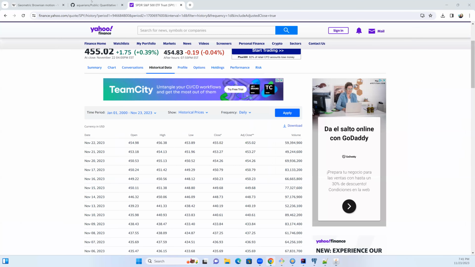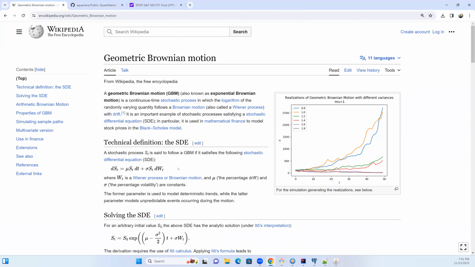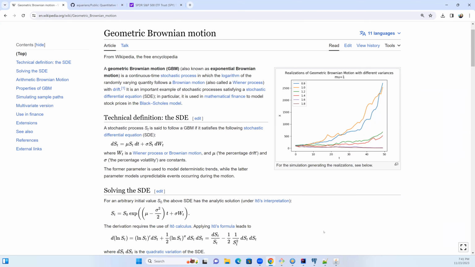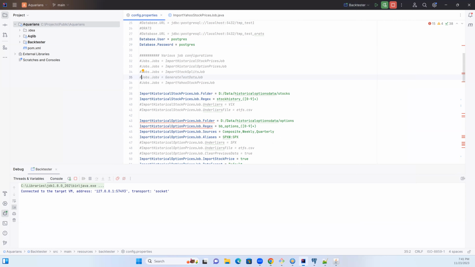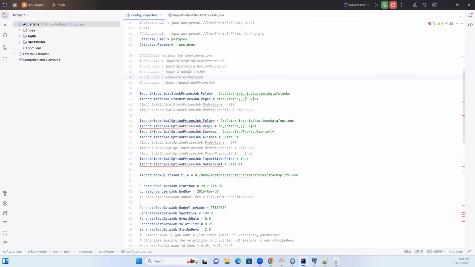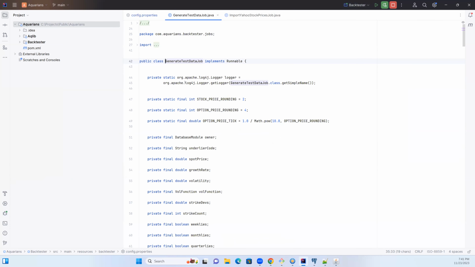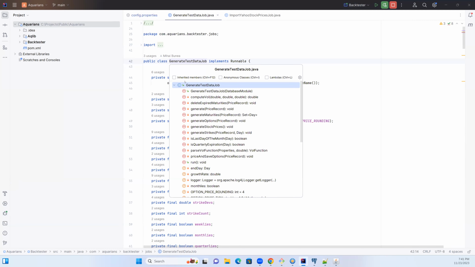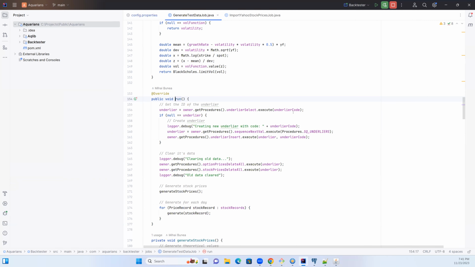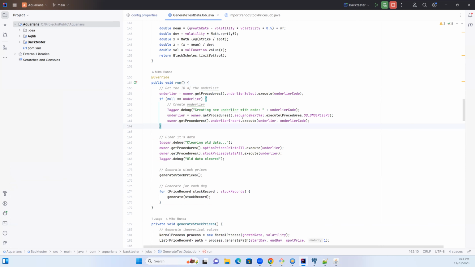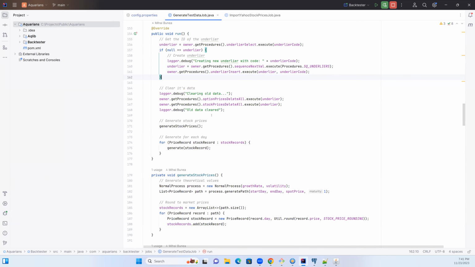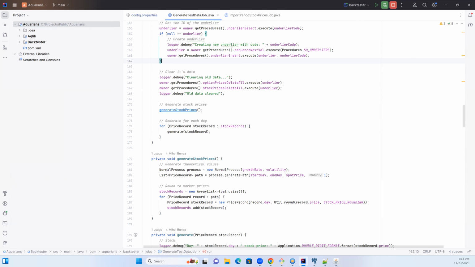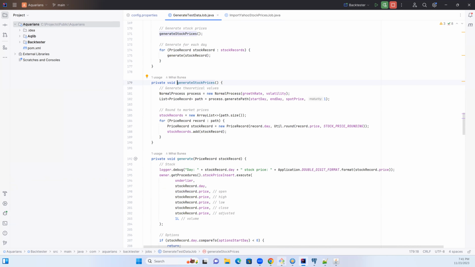So let's go back to this equation and let's look here in generate test data job, Control N, go to this, Control F12, run, and we have generate stock prices. So this is where the magic happens.